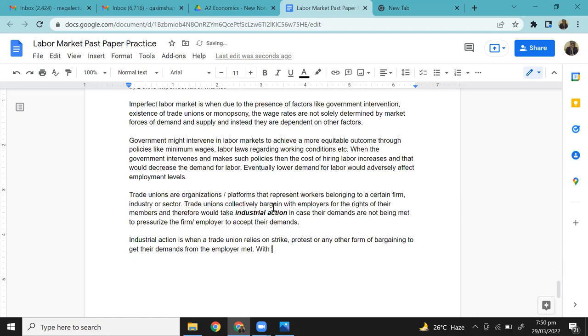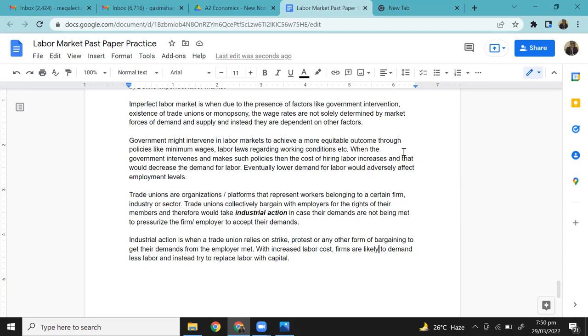With increased cost, firms are likely to demand less labor and instead try to replace labor with what? With capital. Yes or no? This is making sense. The two factors of inputs, capital and labor, are substitutes for each other. So if labor costs are increasing, what would the firm do? The firm would want to substitute labor with capital, right? Yes or no?